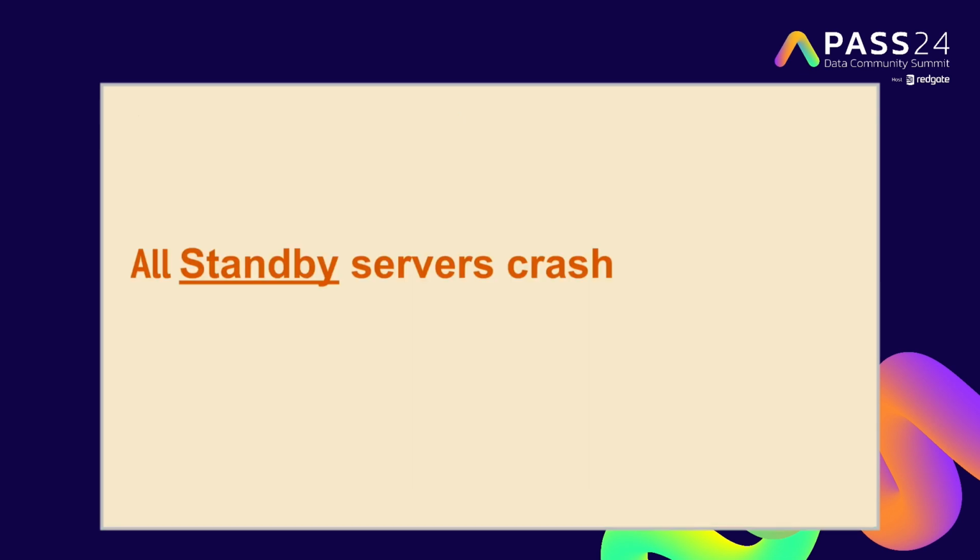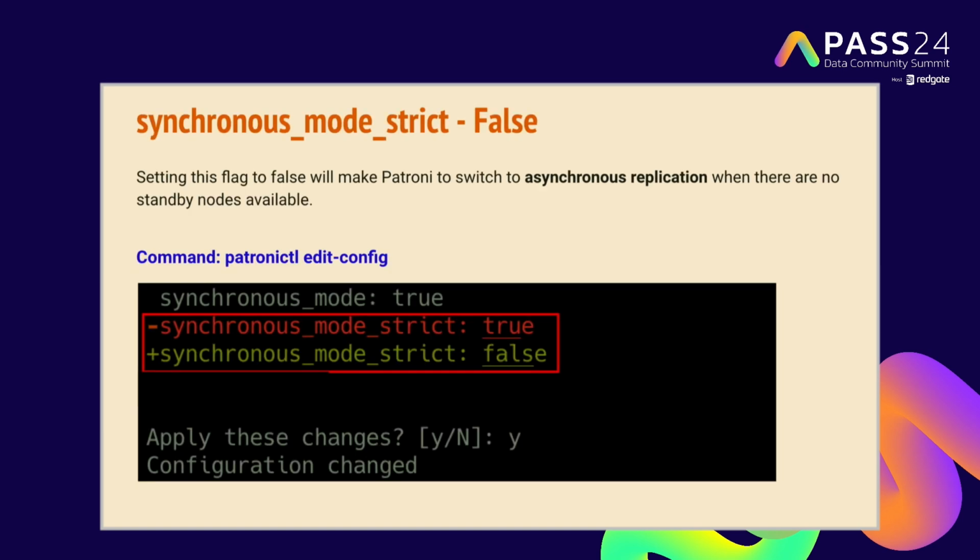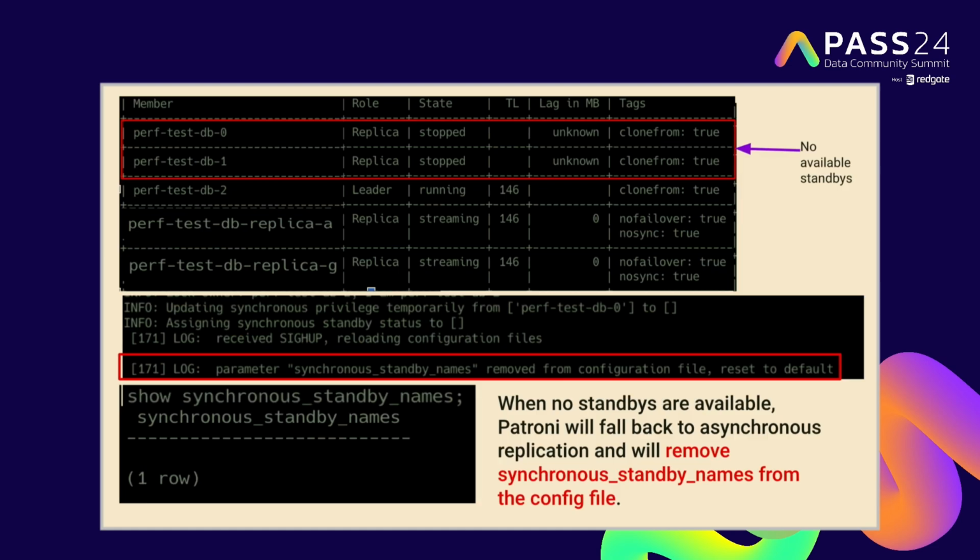So what happens when all standby servers crash? This is dependent on the synchronous mode strict flag. When synchronous mode strict is set to false, Patroni will switch to asynchronous replication when there are no healthy standbys available. So I ran patronictl edit-config, changed synchronous mode strict from true to false, and applied the configuration.